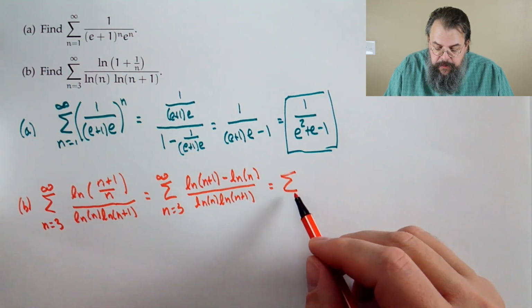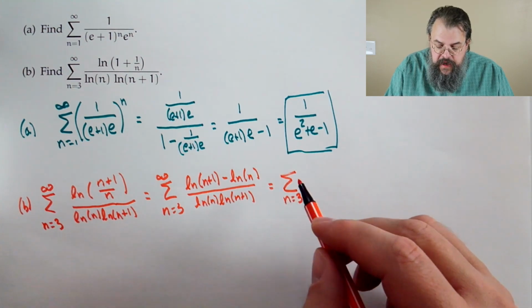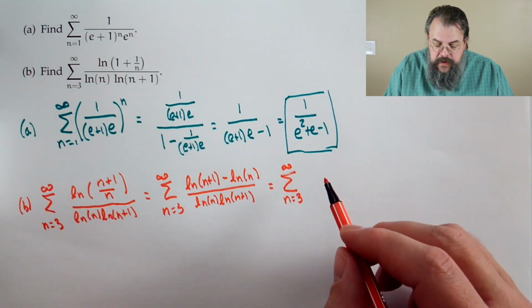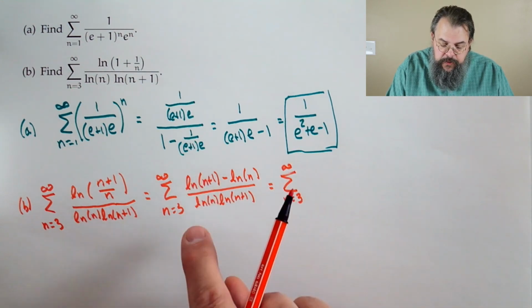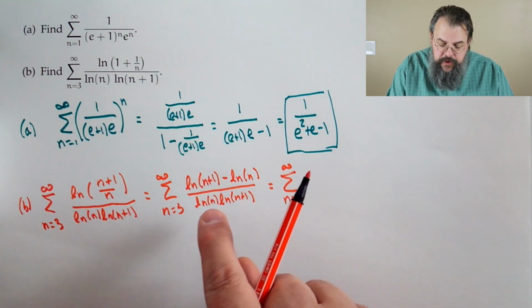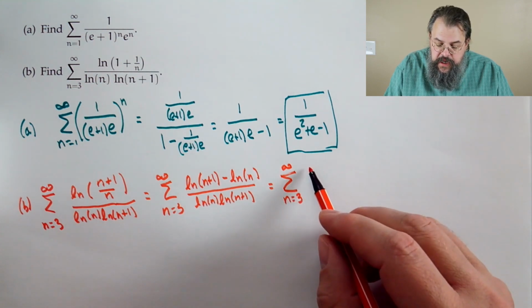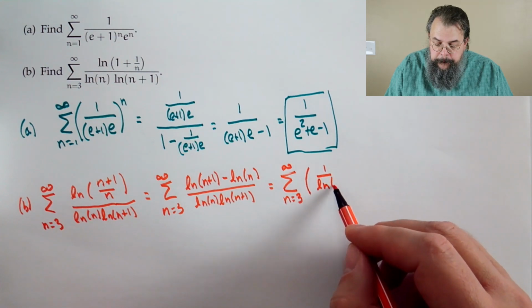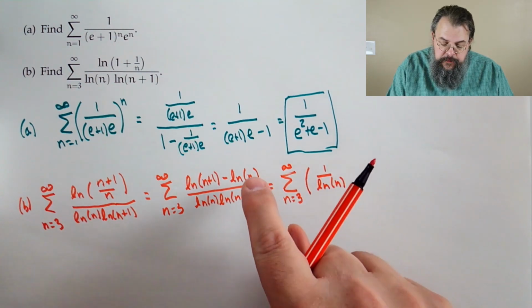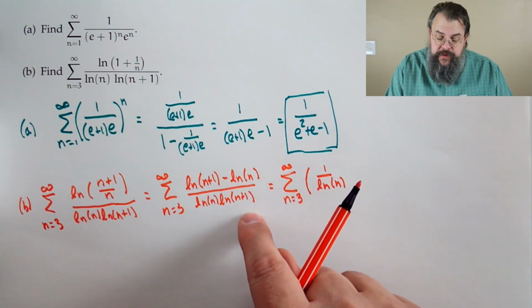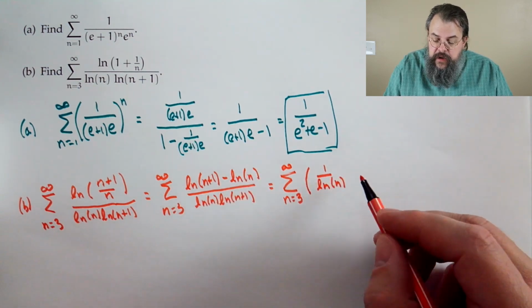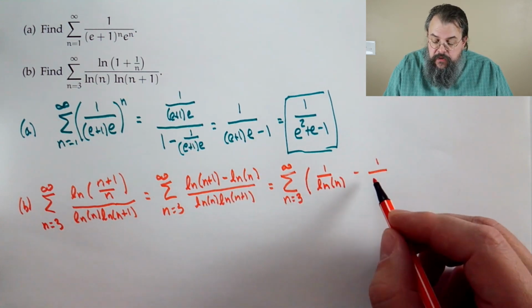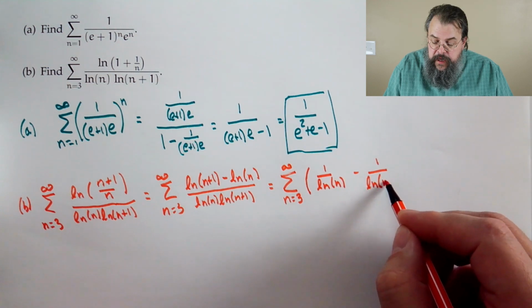So this will be the sum from 3 to infinity. The first will have log of n plus 1 divided by log of n plus 1 times log of n, which will become just 1 over log of n. The second term, log of n over log of n times log of n plus 1, the log of n cancels, so minus 1 over log of n plus 1.